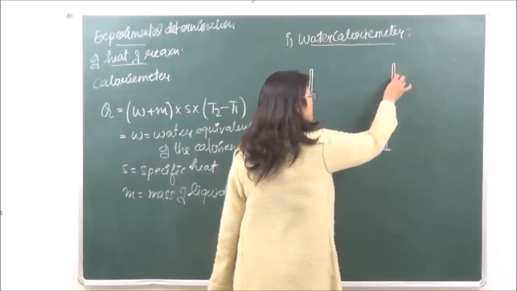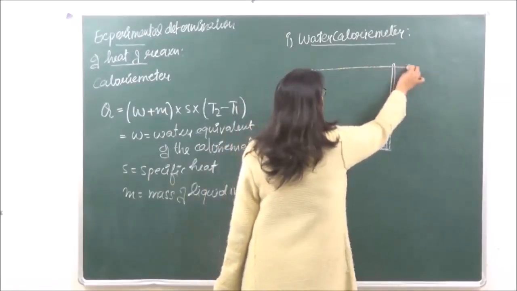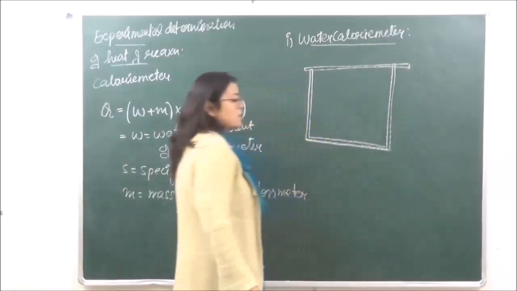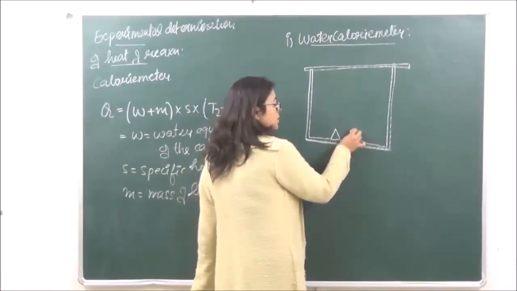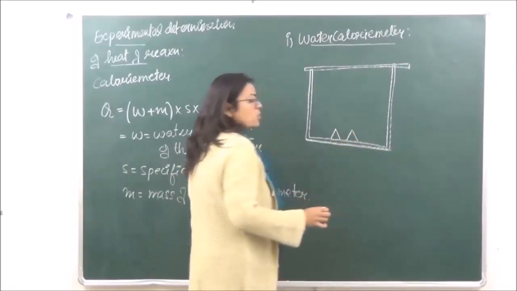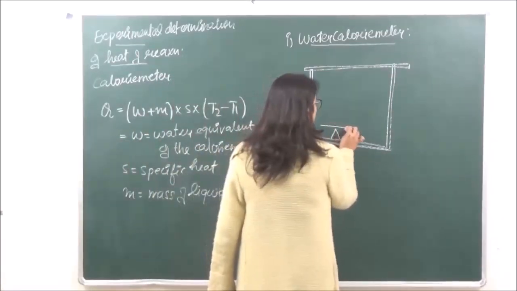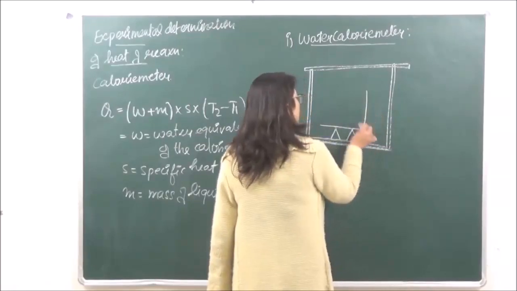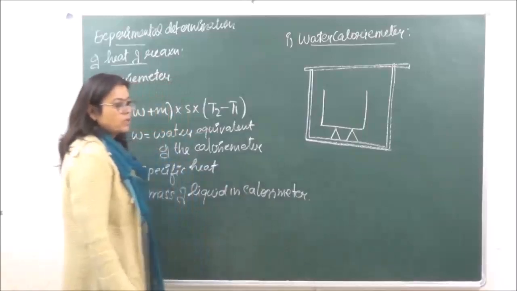So this is the insulation which we have done to the tank, and it is closed from the top, right? We are going to take two ridges over here. These may be pieces of thermocol, okay? And on top of these we are going to place a beaker containing water, okay?